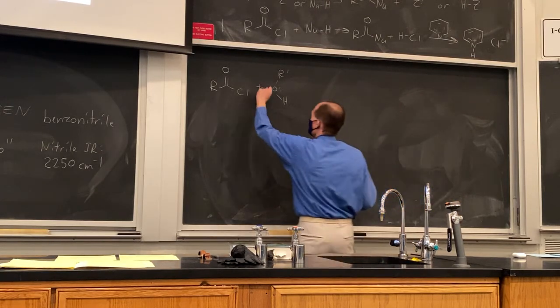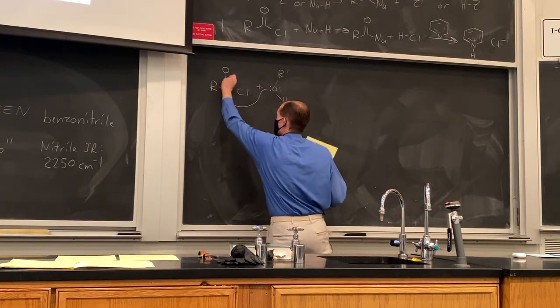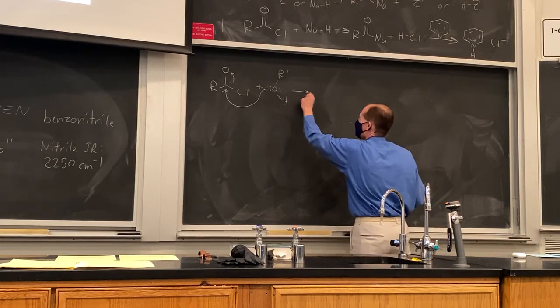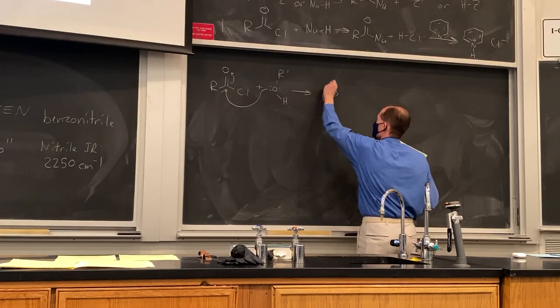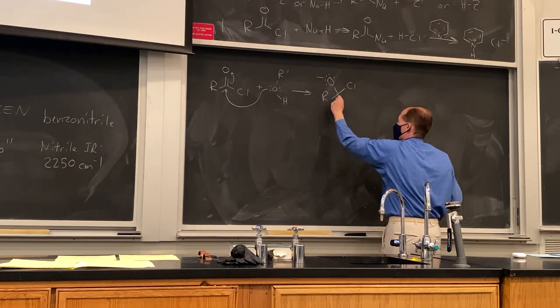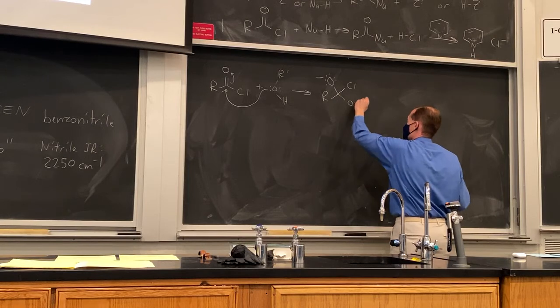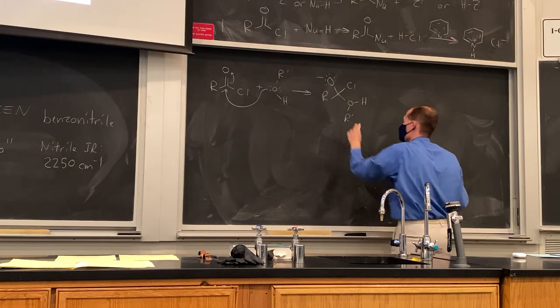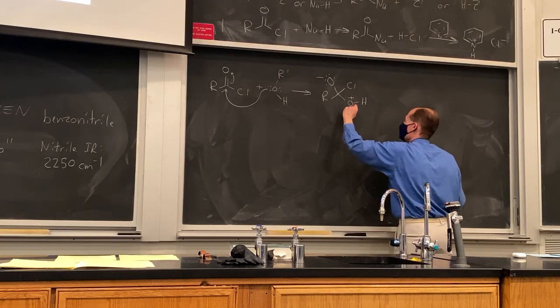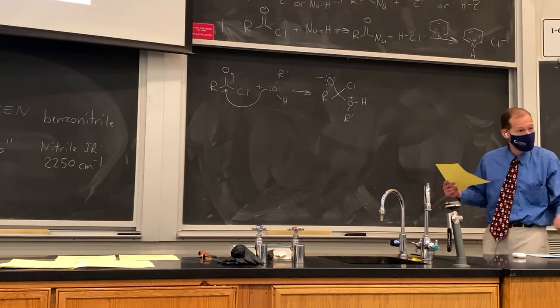Step 1, our alcohol is going to attack the carbonyl carbon of our acid chloride. But since we used a neutral nucleophile, a weak nucleophile, we have a positive charge on that oxygen.